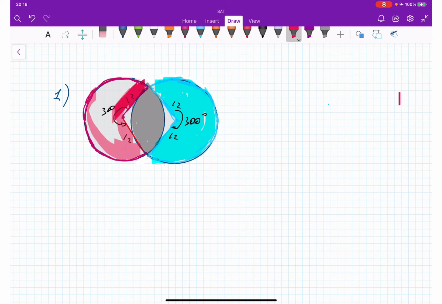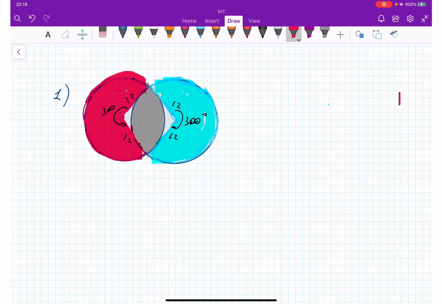And plus it's going to be the area that is created by this rhombus.